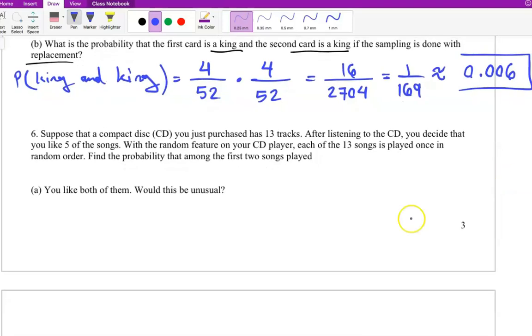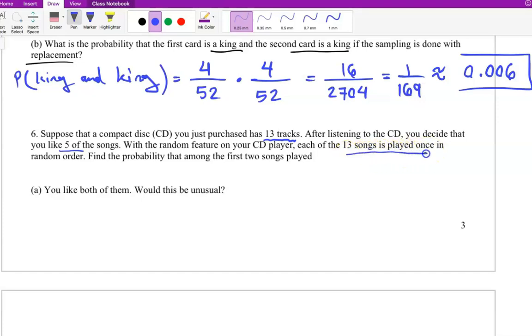Now, next one. Suppose that a compact disc you just purchased has 13 tracks. After listening, you decide that you like 5 songs, meaning that you dislike 8 songs. With the random feature on your CD player, each of the 13 songs is played once.